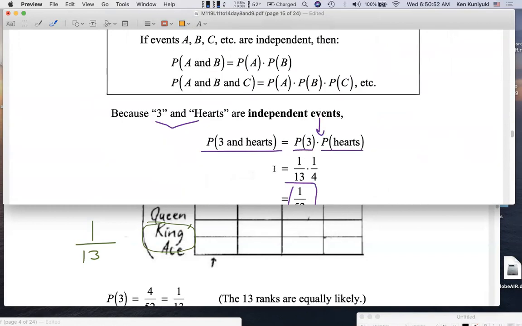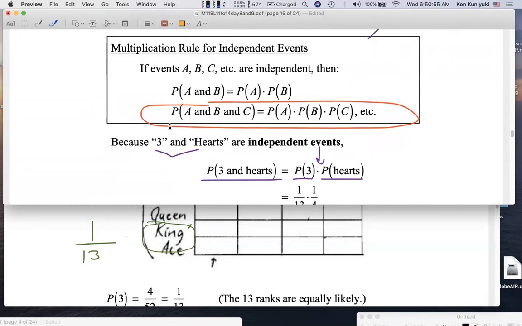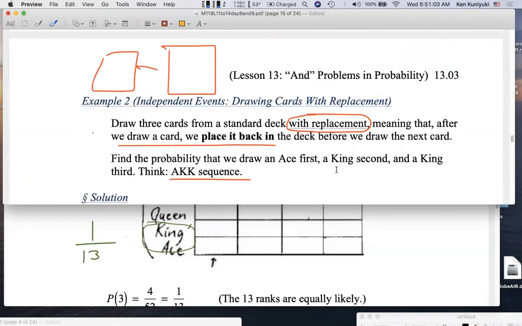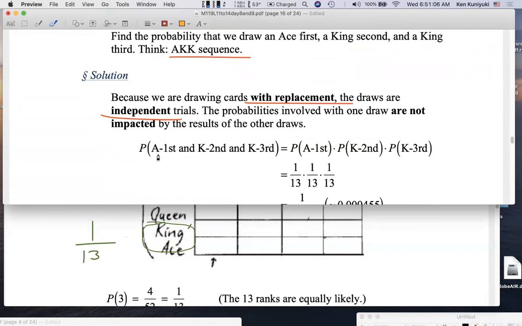So going by this rule over here, the probability of A and B and C happening is P of A times P of B times P of C. We multiply probabilities. So the probability of getting an ace on the first draw and a king on the second draw and a king on the third draw, these could be events A, B, and C. Don't confuse A for ace here. The probability of A and B and C equals the probability of A times the probability of B times the probability of C. We have independence.